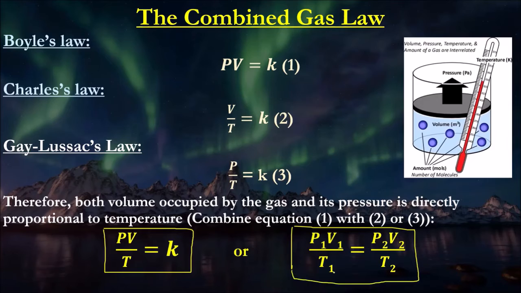Remember the subscript numbers just designate the initial and final, 1 being always the initial condition of the system, and 2 the final condition of our system.